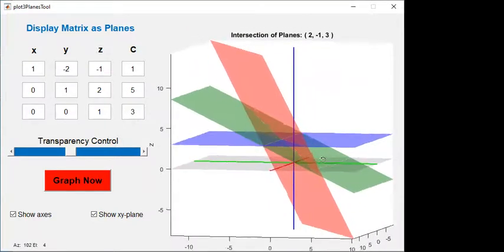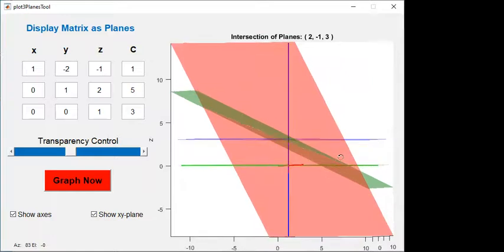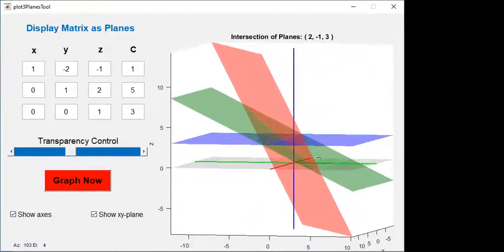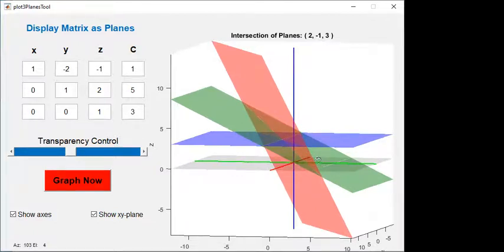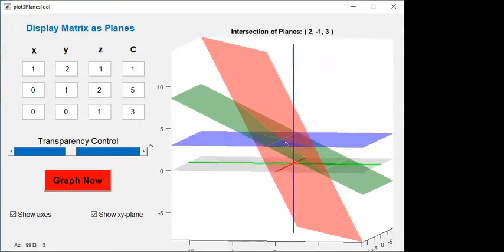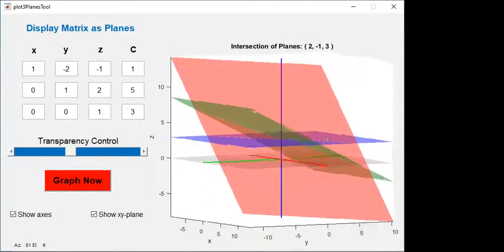It's the same z value everywhere, I should say, which makes it parallel to the x, y axis. So it's simply z equals 3. The x and the y are missing values. Those are zeros in the matrix. And since those are zeros, we know that this plane is parallel to the x, y axis.